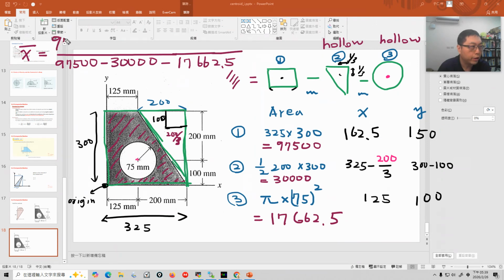And the area average for x: we put the x coordinates in there, so it's 162.5 minus, be careful, minus 300. And what's the value of this? You see, you need the calculator.